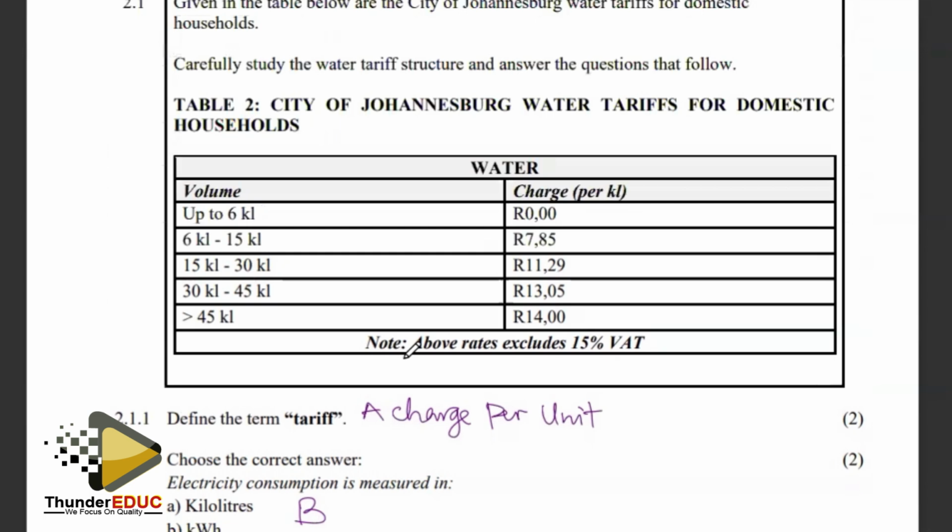Before we go to the next step, we need to analyze, as I told you, when you have the water, you should find out how many kiloliters you have in each bracket. So for him, he's looking at 47. 47 has exceeded 45. By how many? By 2. So let's go to the next step there.